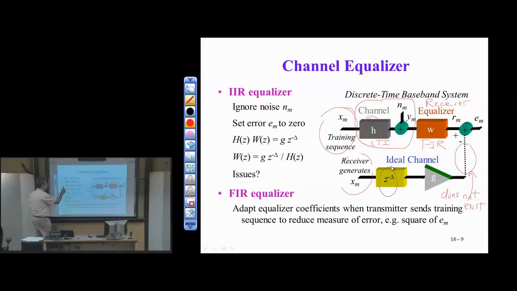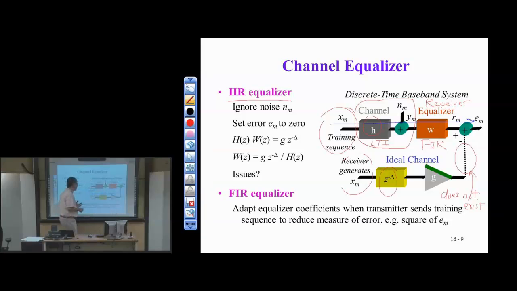So if we use an IIR equalizer, and we ignore the noise for a second, what we'd like to do is ultimately set the error to 0. So if you look at what's computed, the upper path is the signal path. On the signal path, I want to know how close I can force the actual equalizer that I have to get.